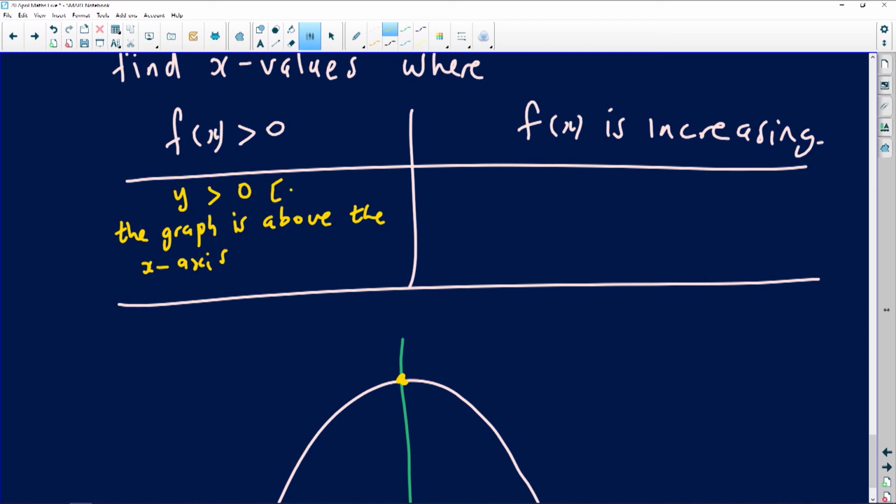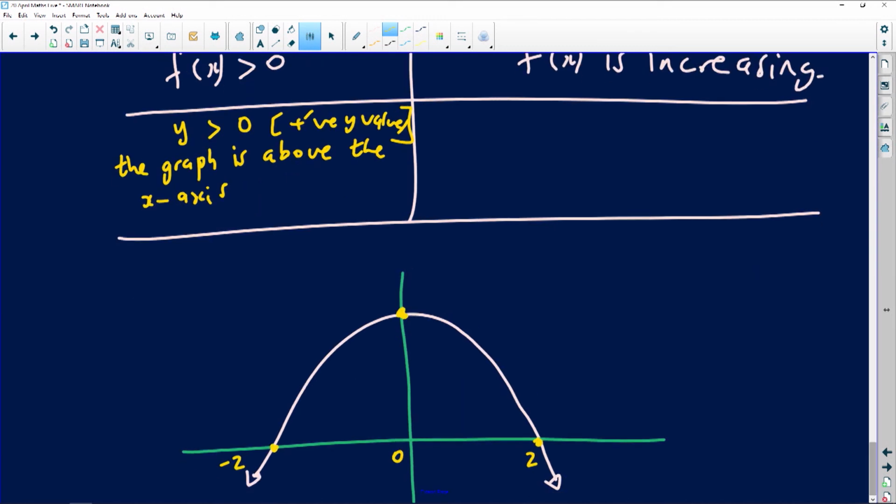That means we are looking for positive y values, and y values are positive above the x-axis. So this is where the graph is positive, above the x-axis.